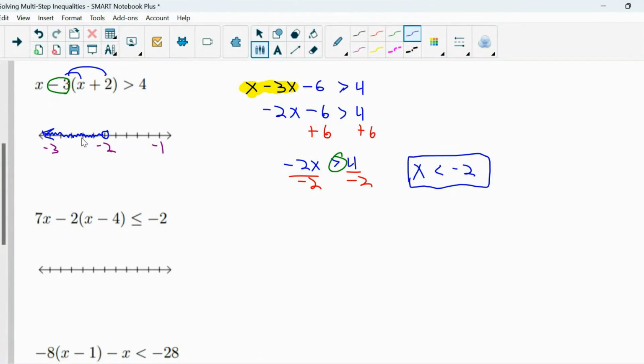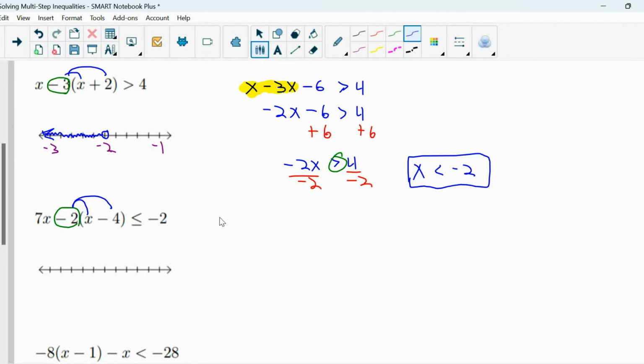Our next example is extremely similar to the one that we just completed. Remember, since we are subtracting 7x from 2, then we need to distribute our -2 to both of our terms. So let's distribute our -2.